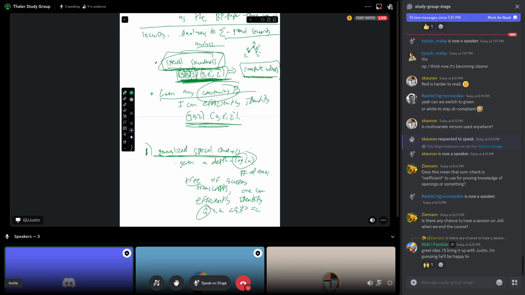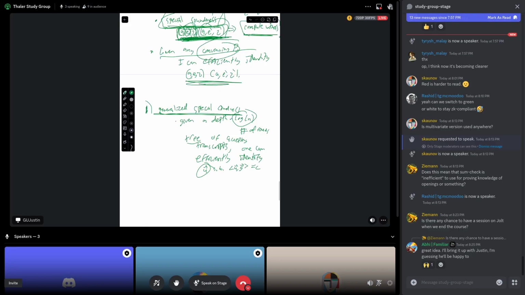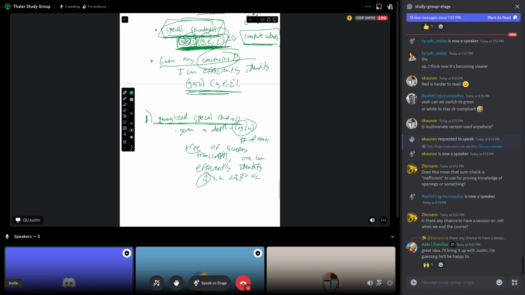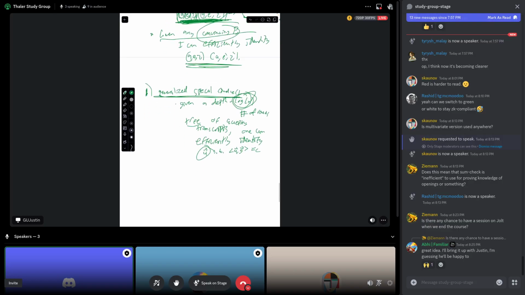That makes sense when you have a one round protocol. If you have a log n round protocol like Bulletproofs, you have to talk about depth log n trees of transcripts. I'll come back to the details in a moment.